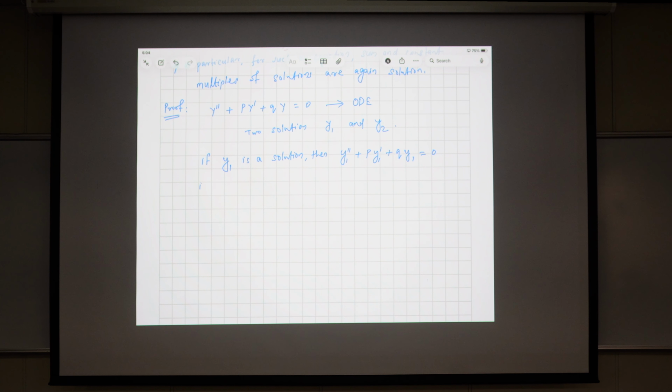Similarly, if y2 is a solution, then I can also write y2 double dash plus p y2 dash plus q y2 is equal to 0. So if y1 is a solution, it satisfies the ODE, and if y2 is a solution, it also satisfies the ODE.